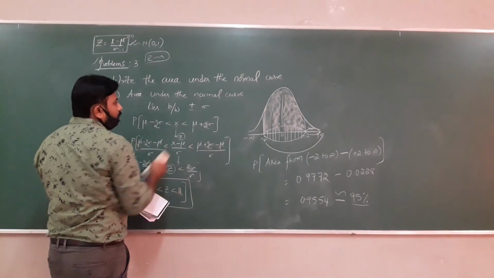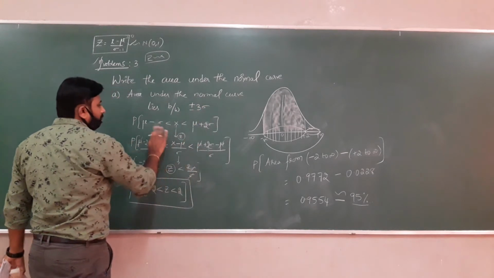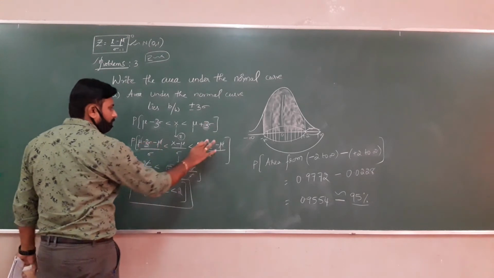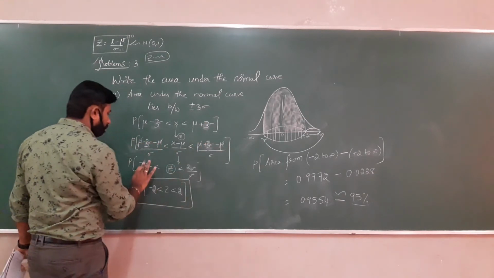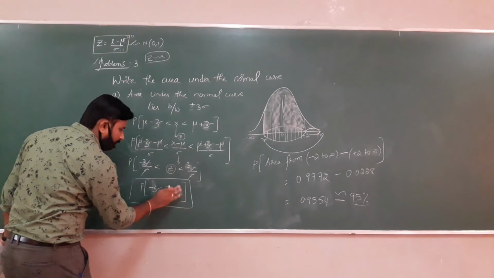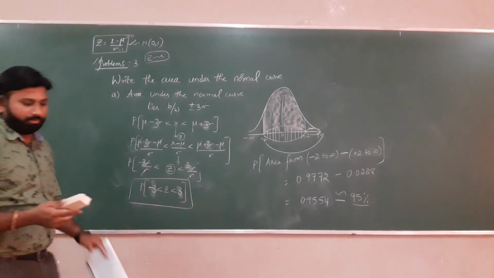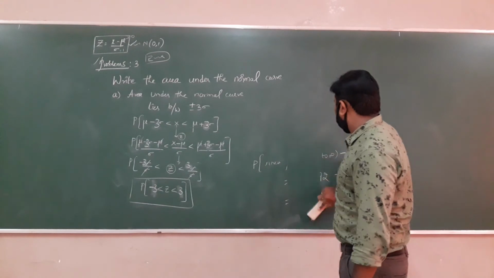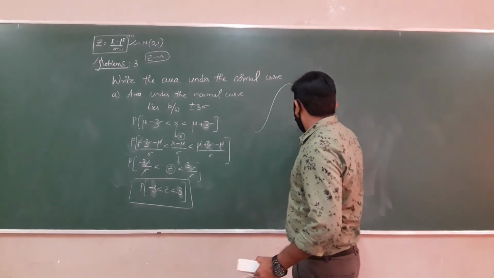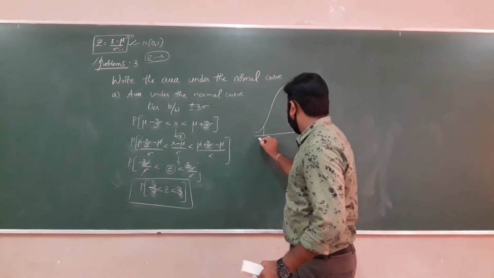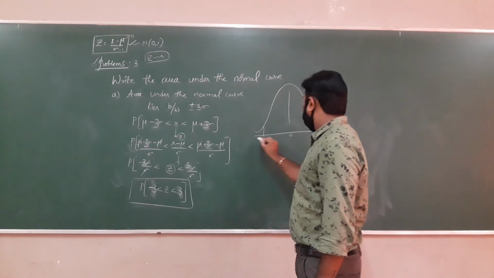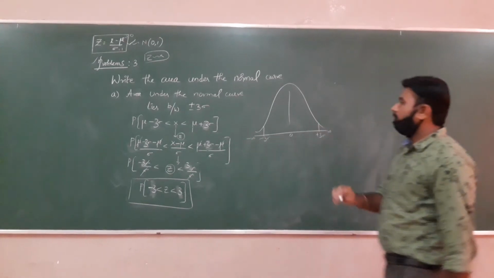Now in place of 2 sigma, change by 3 sigma. Now the region minus 3 to plus 3. Draw the normal curve, minus 3 to plus 3.